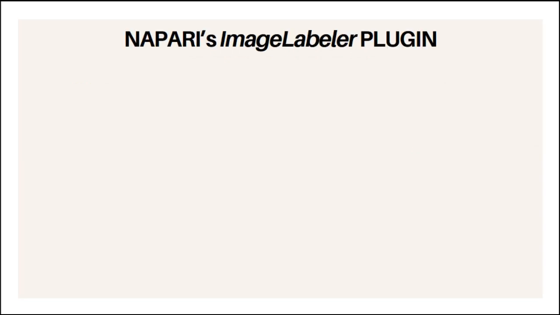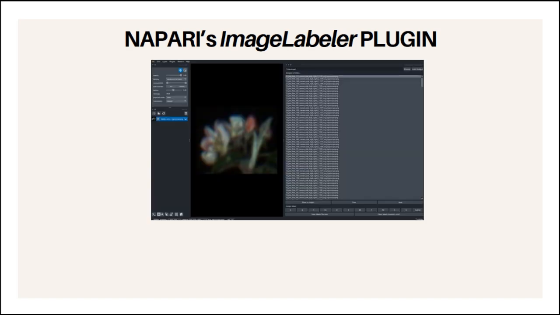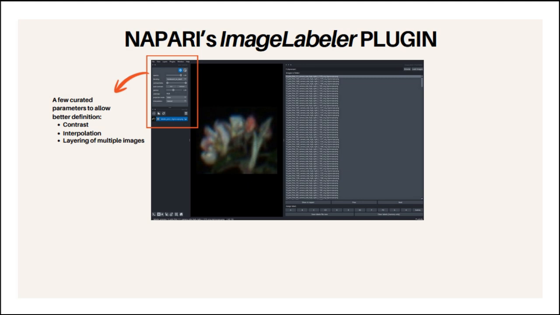What we used here for the building of our AI is the image label plugin of Napari, which presents as such. What you've got here are a few curated parameters which allow a better definition of the central image, such as the contrast, the interpolation, and the layering of multiple images, also the opacity of each layer.